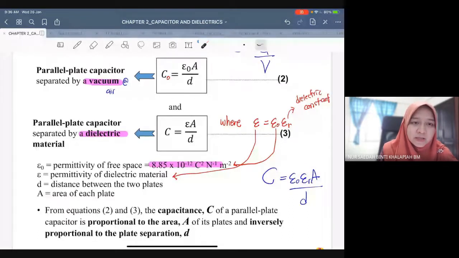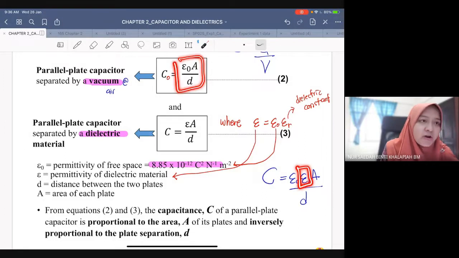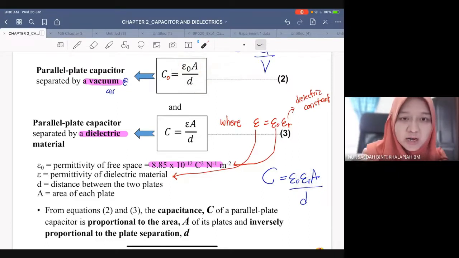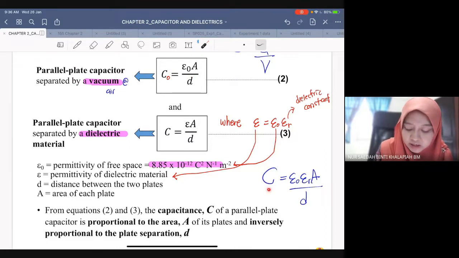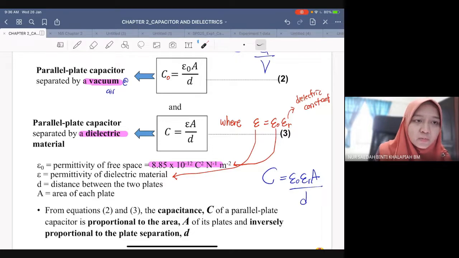Bila something yang kita darabkan, epsilon naught A over D ni adalah C naught, madam ada darabkan lagi dengan ER. So nilai ER ni nombornya lebih daripada 1. Maksudnya C kita akan bertambah, akan increase. Kalau kosong epsilon naught A over D je. Kalau dah ada dielectrics, epsilon naught ER A over D. So C kita akan increase.